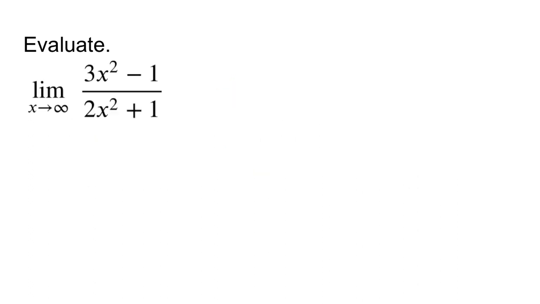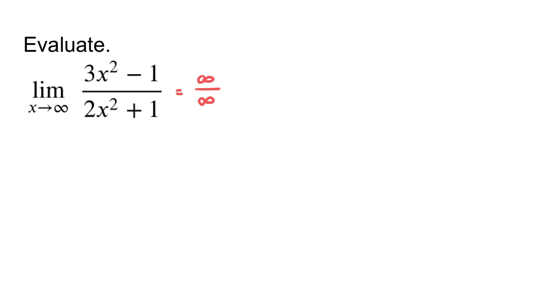Okay. Let's try one more, just to remind ourselves. Oh man, okay, in this particular problem, I'm going to plug in infinity. I'm going to see what happens as the top and the bottom get bigger and bigger. And if I do that, I get infinity over infinity. The limit of the top ends up being infinity, and the limit of the bottom is going the same way.